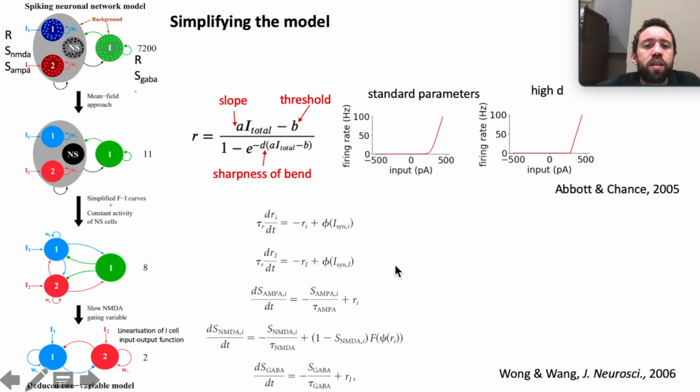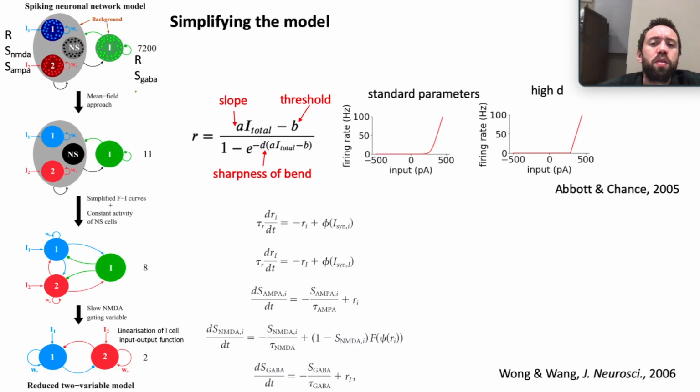The firing rates of the neurons in the system update very quickly, almost instantaneously. So we can also remove the dynamics of the firing rate variable. And you'll remember from previous lectures that the time constant of NMDA is much longer than the time constant for AMPA.